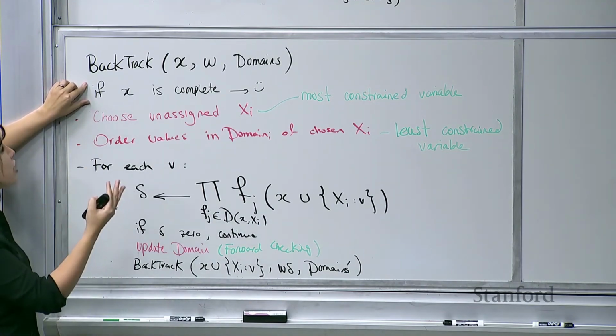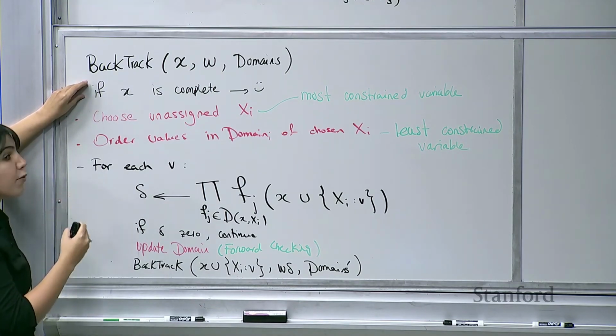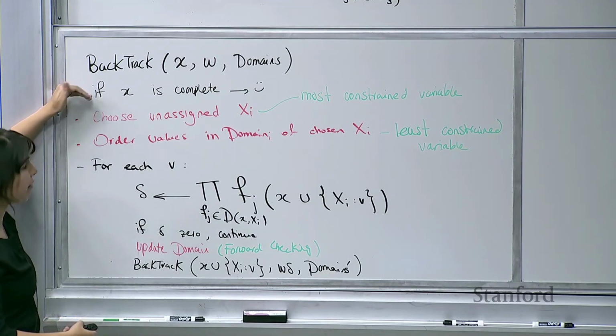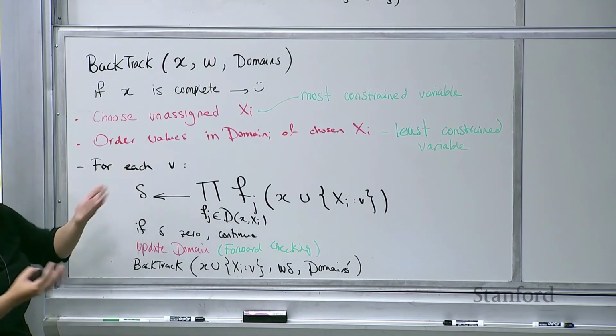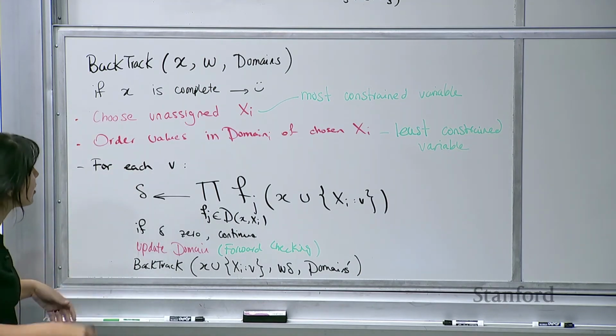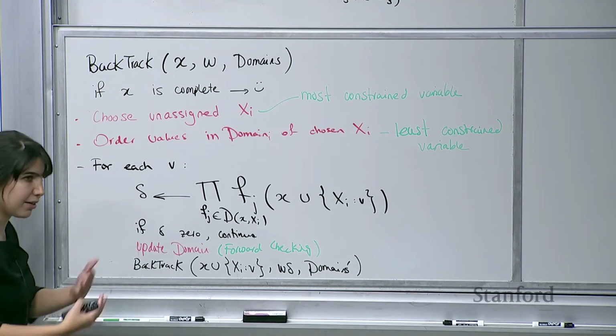If you find a solution and you're happy with that one solution, you can just return it here and be happy. If you want to find the best solution, you need to iterate multiple times, so maybe you have a counter here that keeps iterating. For CSPs, you want to find a solution because we just want to satisfy the constraints. But if I have a factor graph, I actually want to optimize my weight.